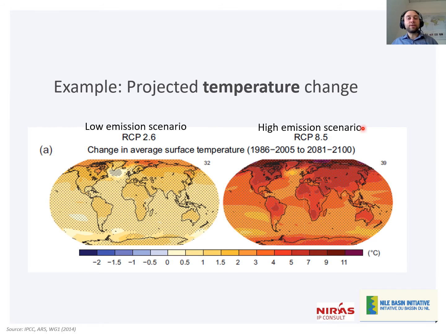And it makes a lot of sense, when we look into the future, to see about which climate scenario we are actually talking about. Here you see two scenarios, the RCP 2.6, which we can call the low emission scenario, and RCP 8.5 as the high emission scenario. And for the year 2100, differences in temperature are dramatically different for both scenarios.